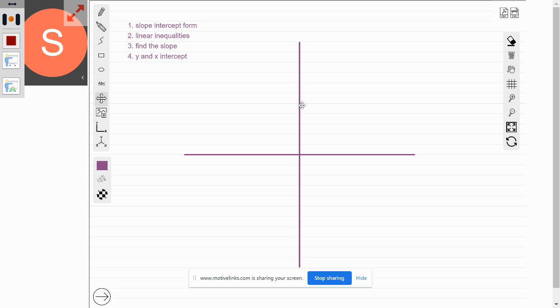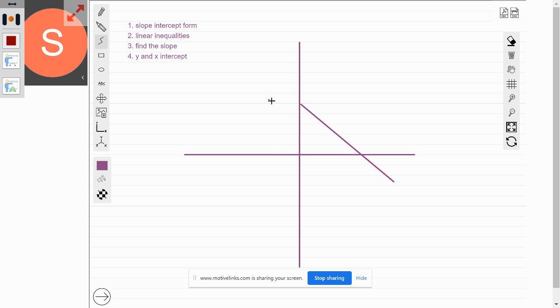So slope is, let's just take any line. There's different kinds of slopes. There's negative slopes, there's positive slopes, and there's a zero slope, and there's an undefined slope.